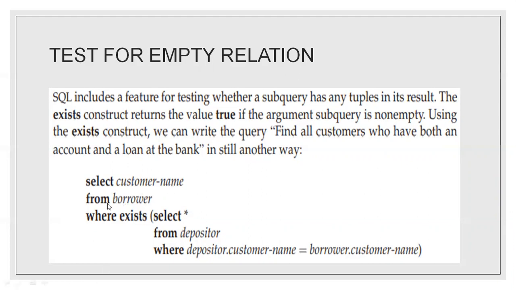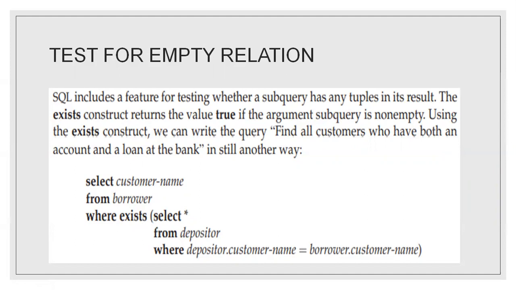Select customer name from the borrower table where exists select star from depositor where depositor dot customer name equal to borrower dot customer name. So this exists will return true if the argument subquery is non-empty. That means if the output of select star from depositor where dot dot dot has some entry, then this will return true.